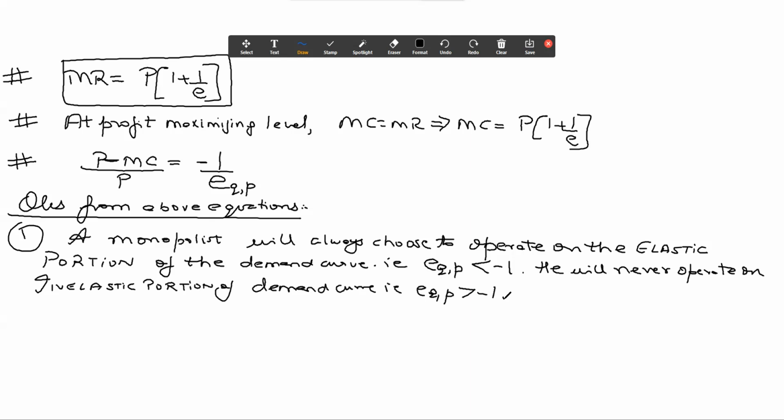If I draw a real line, less than -1 means -2, -3, and so on. Greater than -1 means -half, 0, towards 0. So what I am trying to say here is that the monopolist will never operate on the inelastic portion.